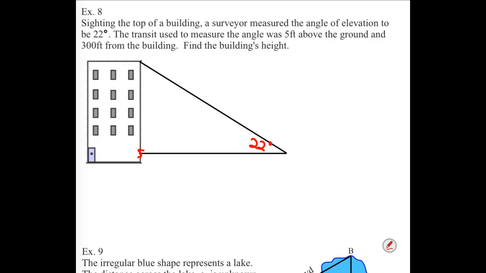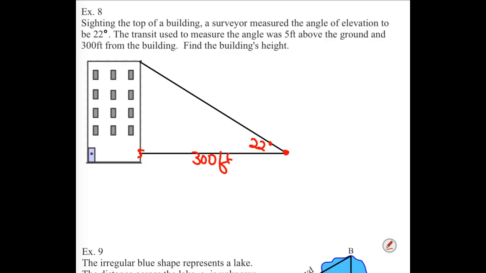The transit was also 300 feet from the building. So the transit's over here, right? We're measuring that angle of elevation to be 22 degrees, and we are told that we are 300 feet from the building. We want to find the building's height.